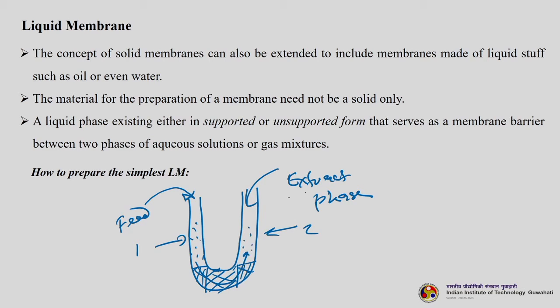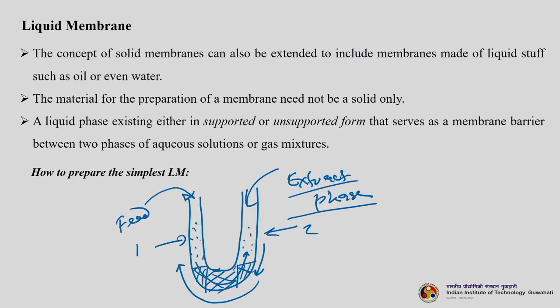The extract phase will be chosen in such a way that it will trap these solutes and not allow back diffusion to happen. Otherwise, they will again transport back to the feed side, and after some time you are back to the original state. This should not happen.